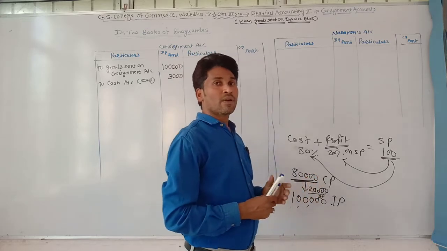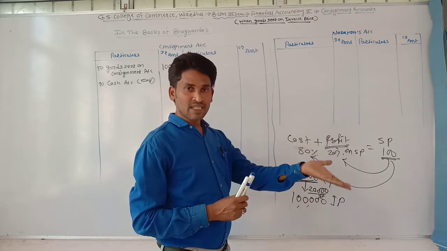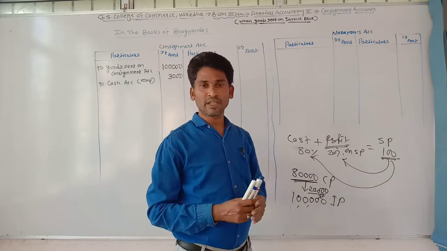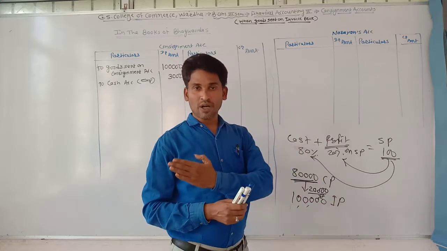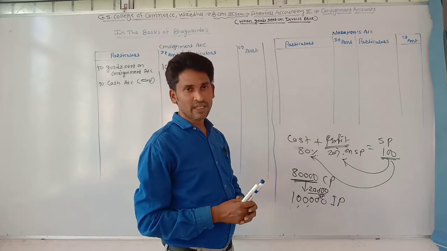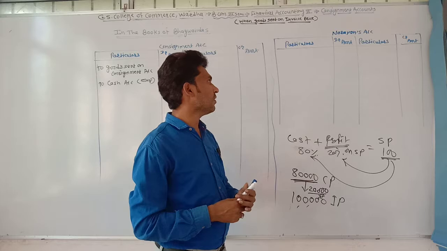When the consignor draws a bill on the consignee and the consignee accepts the bill, the consignor passes the journal entry: bills receivable account debit and consignee's account credit. Here Narayan is the consignee, so bills receivable account debit and Narayan's account credit.